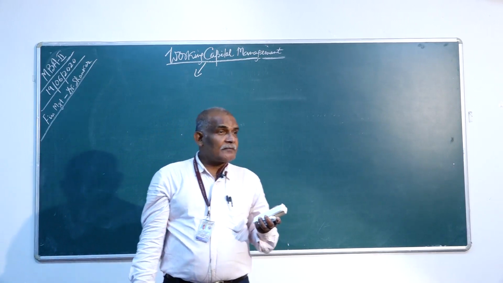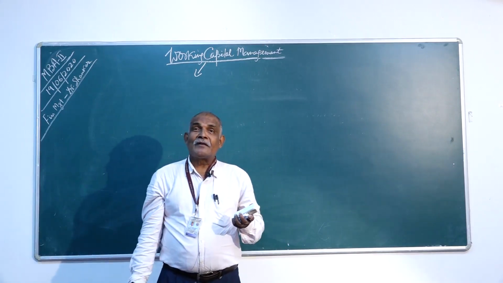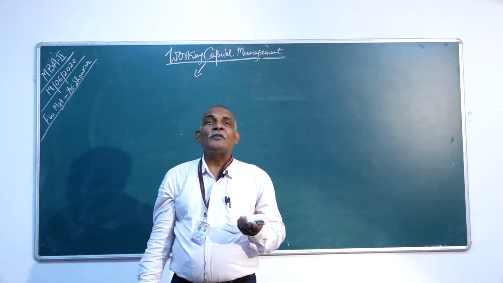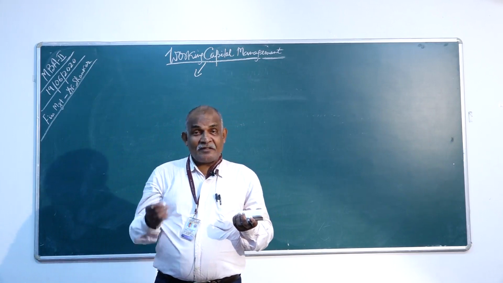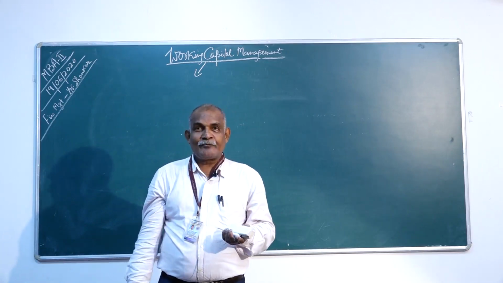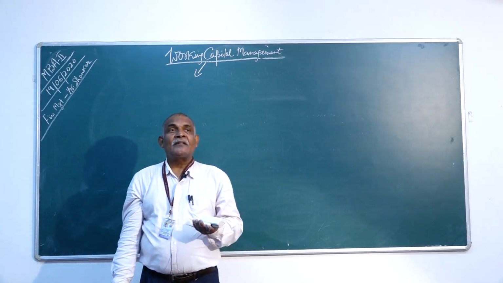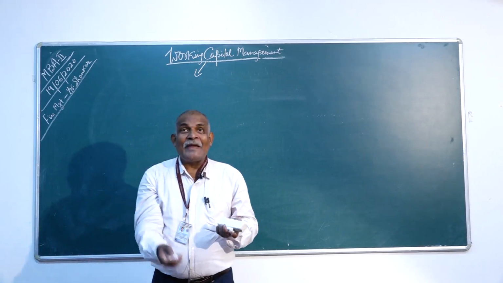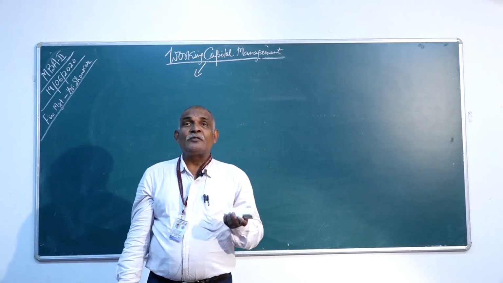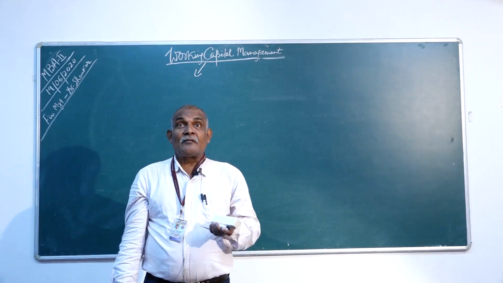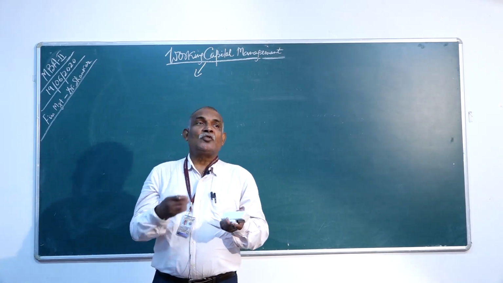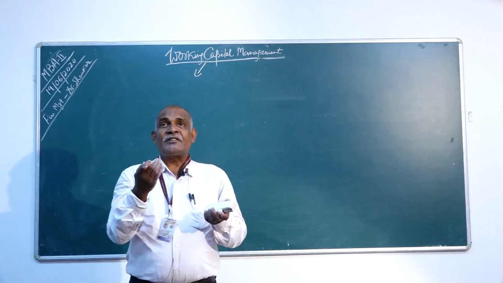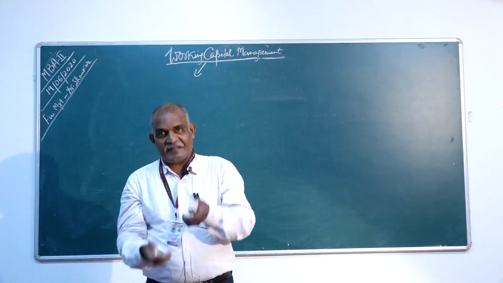Current assets are the assets which are convertible into cash within a short period, that is within 1 year, and current liabilities are the liabilities which are to be paid within 1 year, so that the organization can pay the liabilities from the current assets.